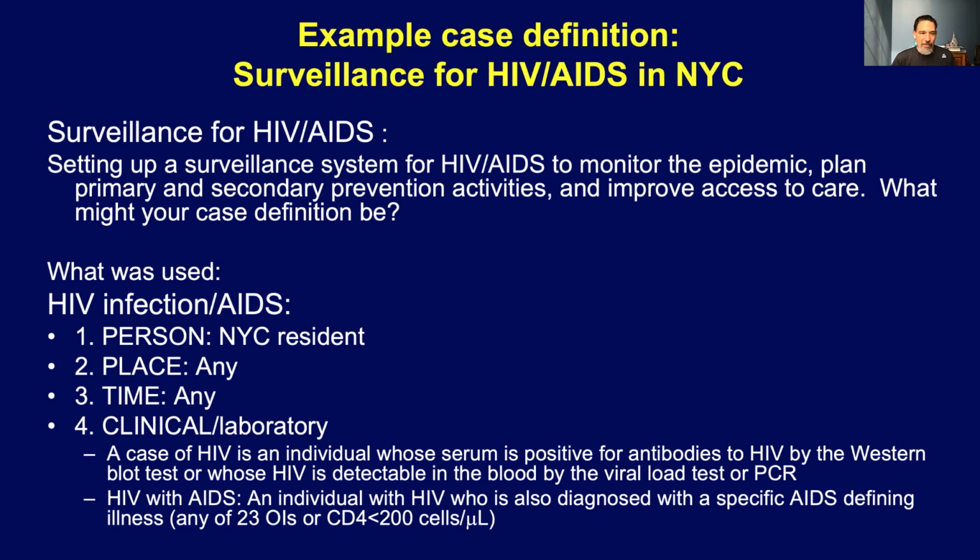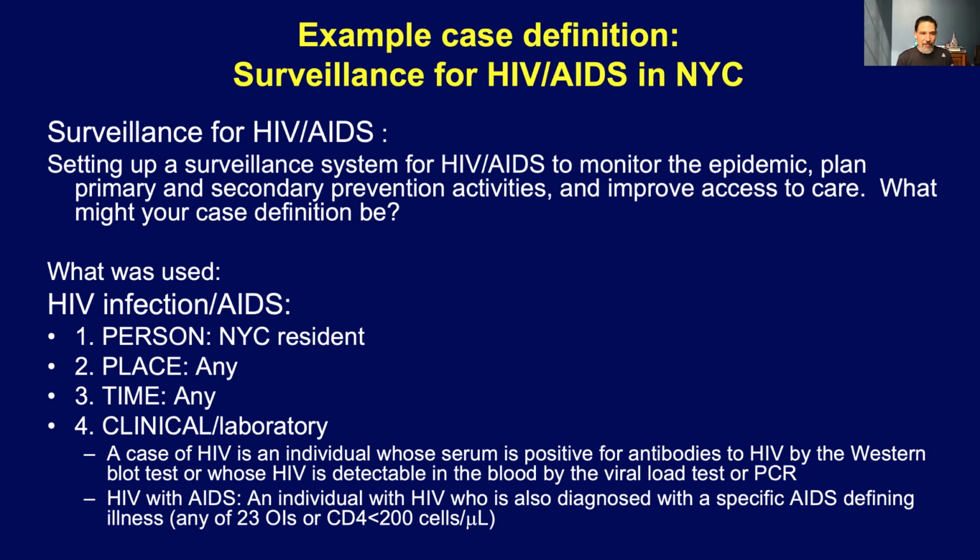So being very specific about what's meant here. And then they define a case of HIV with AIDS as someone who meets the above case definition for HIV, but also is diagnosed with a number of specific AIDS-defining conditions. So you can see that this relates to both primary prevention, new cases, as well as what happens to people with HIV if their disease progresses to AIDS.